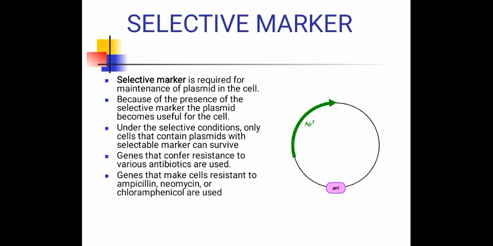Genes that confer resistance to various antibiotics are used. If the selective marker is absent, that bacteria cannot survive under certain conditions. Genes that make the cell resistant to ampicillin, neomycin, chloramphenicol are used.